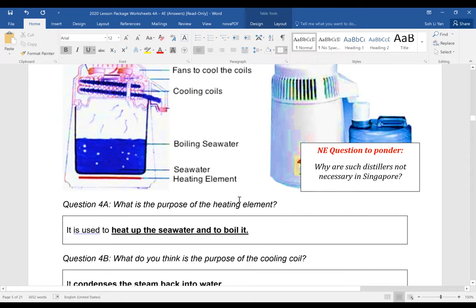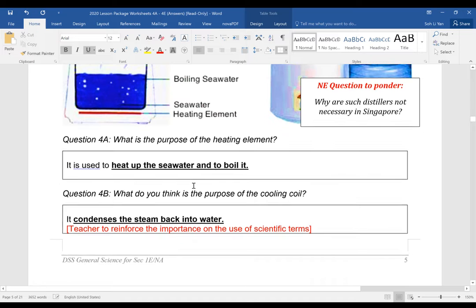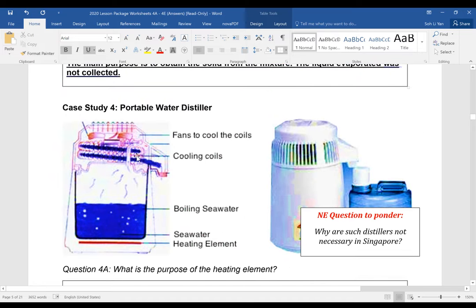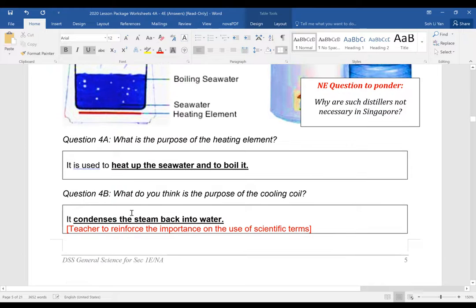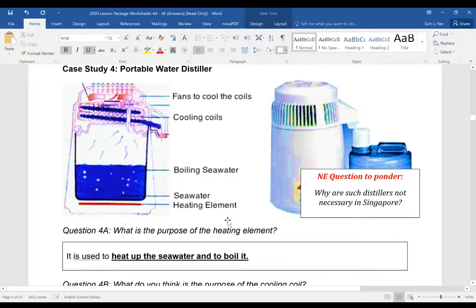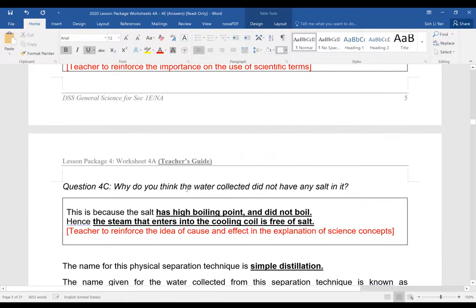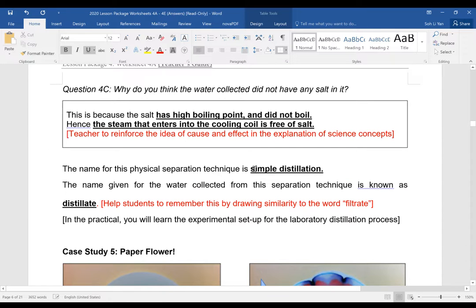The heating element heats up the seawater and does the boiling, and the cooling coil here provides a cold surface to condense the water vapor. The cooling coil condenses the steam, the water vapor, back into water. This method is known as the simple distillation method.